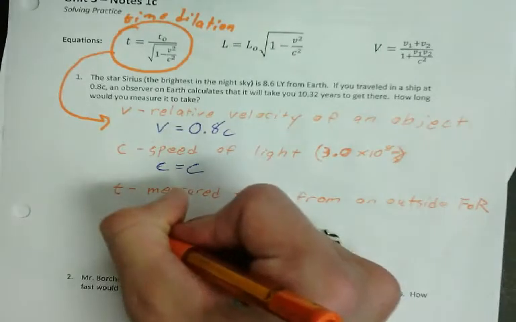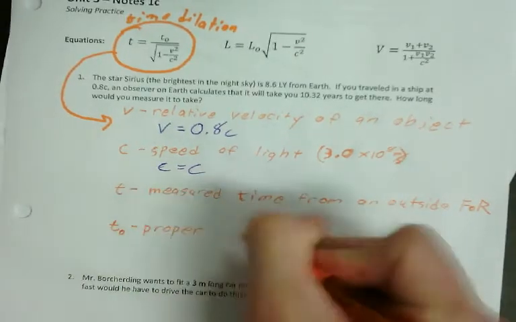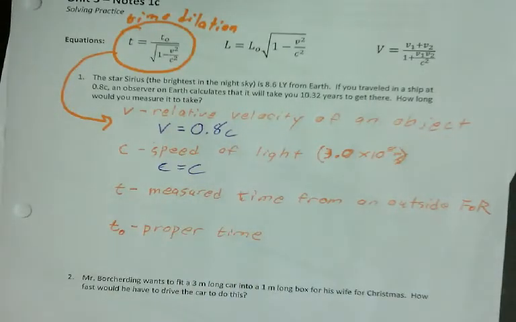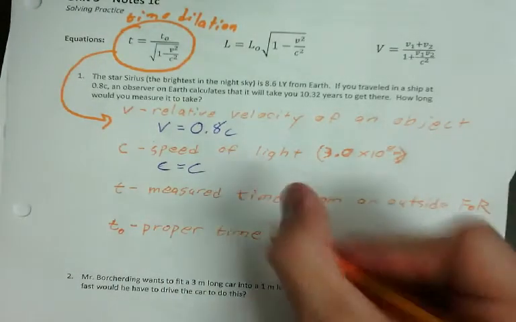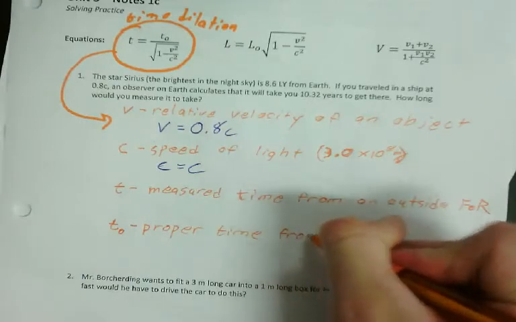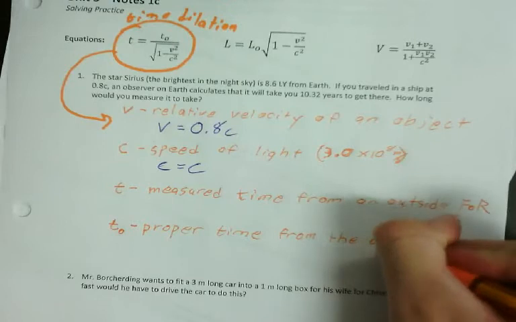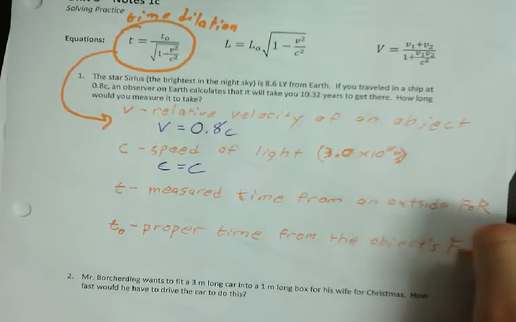t naught is called the proper time. Or some people like to think of it as the correct time, although Einstein would argue there's not a correct time. But it's the proper time, from the object's frame of reference.